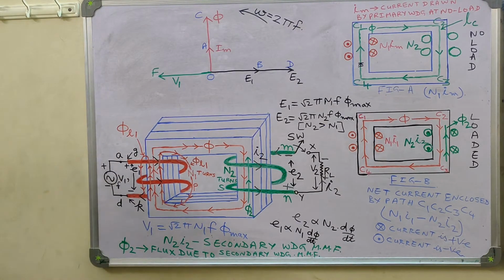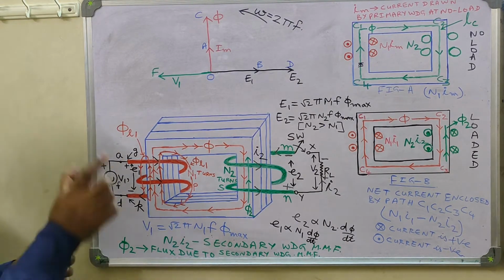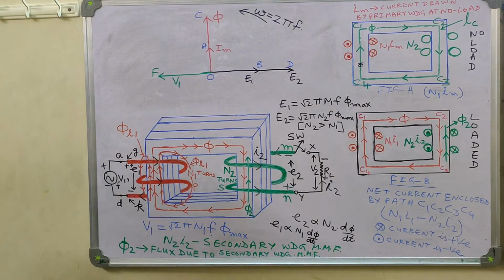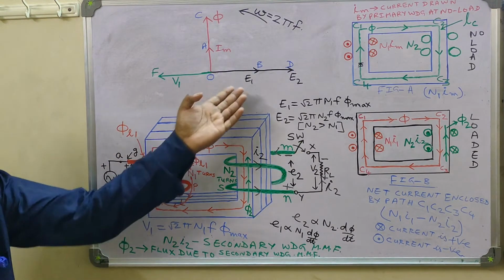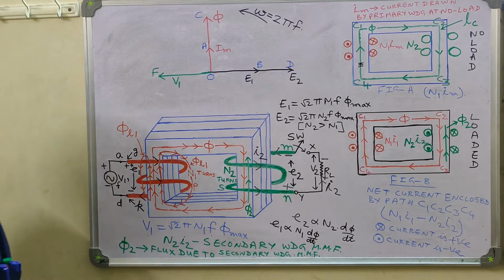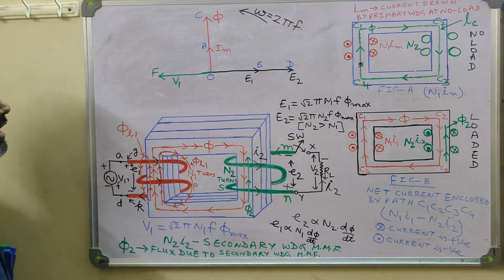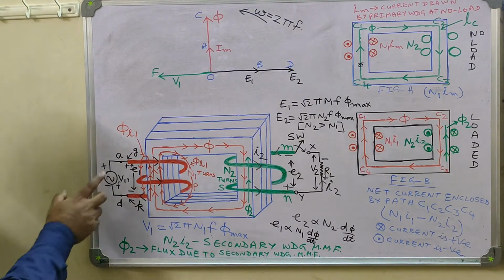So we have said earlier while drawing that V1 and E1 will be 180 degrees out of phase, because E1 is the counter EMF which is induced in the primary coil P, and E1 opposes the applied voltage V1.